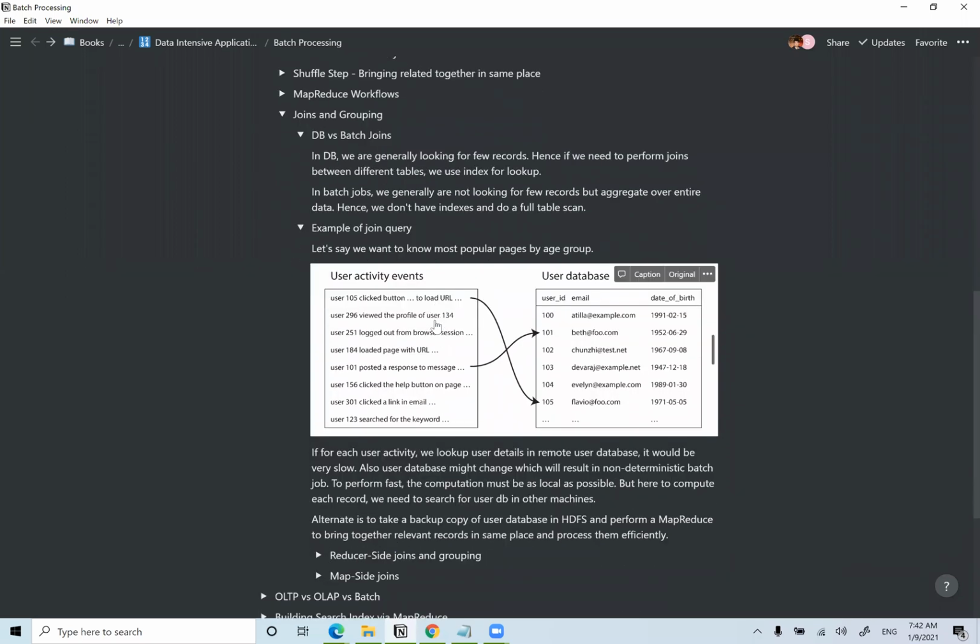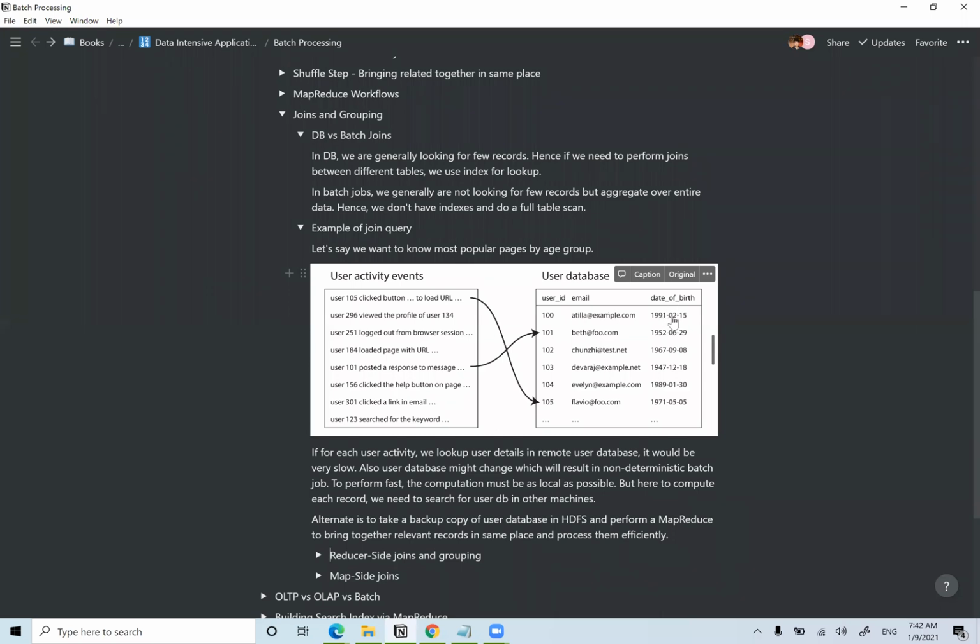A typical example of what you would use a batch job for: let's say you have user activity events, which show that this user ID has done this activity, and then you have a user database saying this user ID has this email and this date of birth.